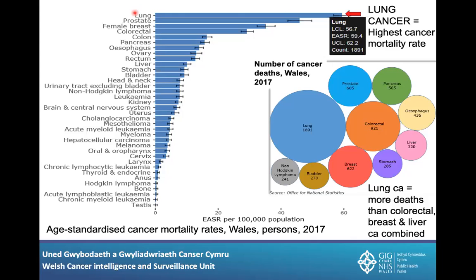And here you can see that the European age standardized rate for mortality for lung cancer is the highest of all the main cancers in Wales. We produce this statistic on a statutory basis each year using all the data we receive on mortality from ONS.